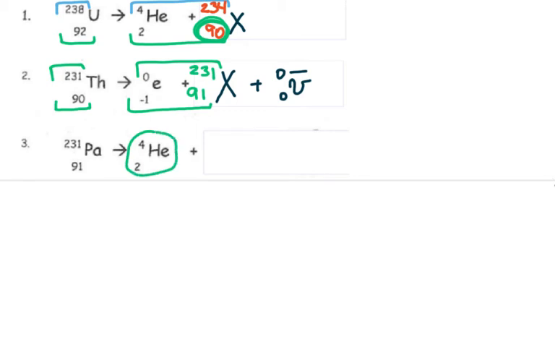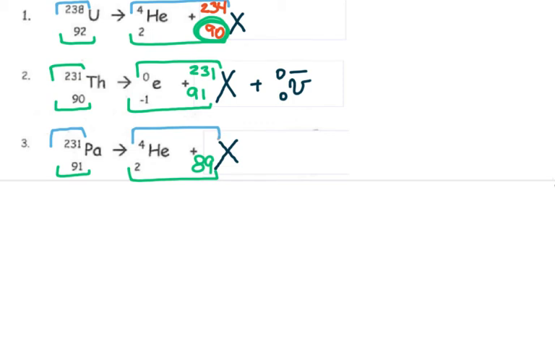So again, the new element is going to have the sum of the protons on the left and right side must be equal to each other. So this is the left side, this is the right side. So this new element will have to have 89 protons, and the sum of the nucleons together also has to be matched.